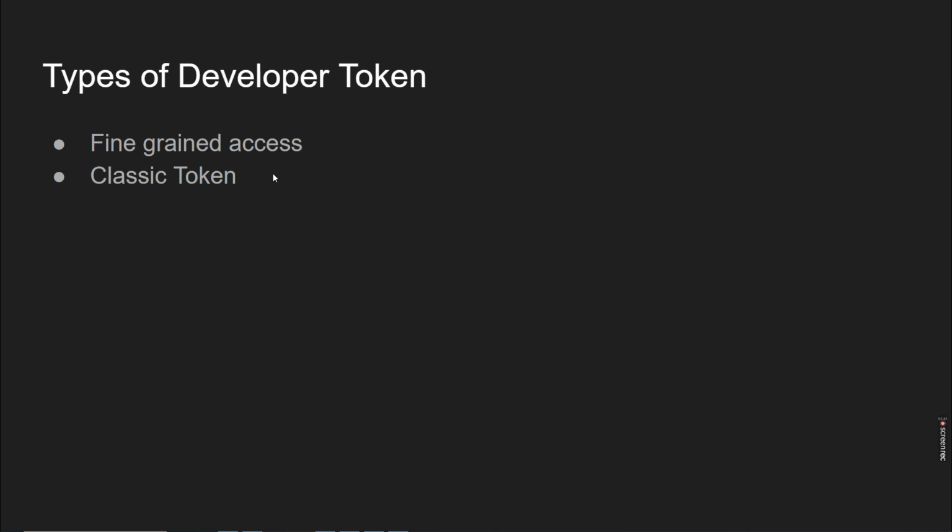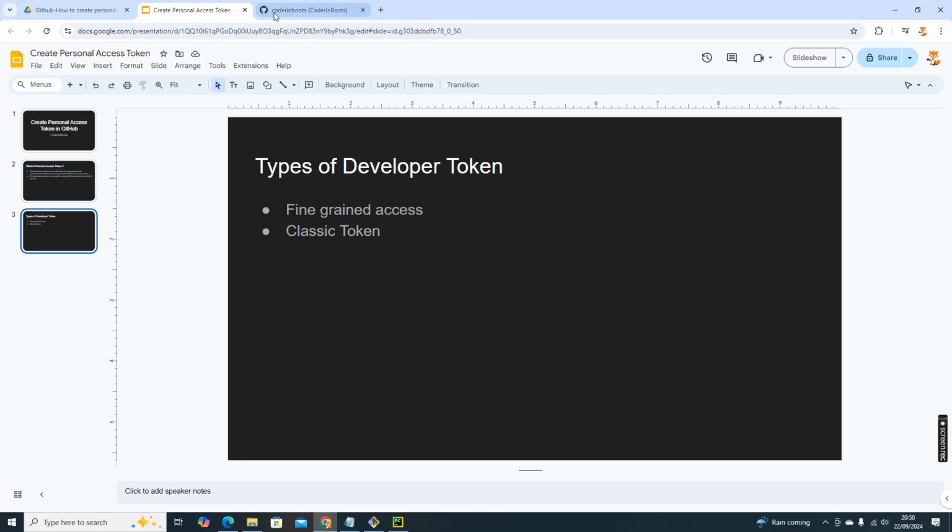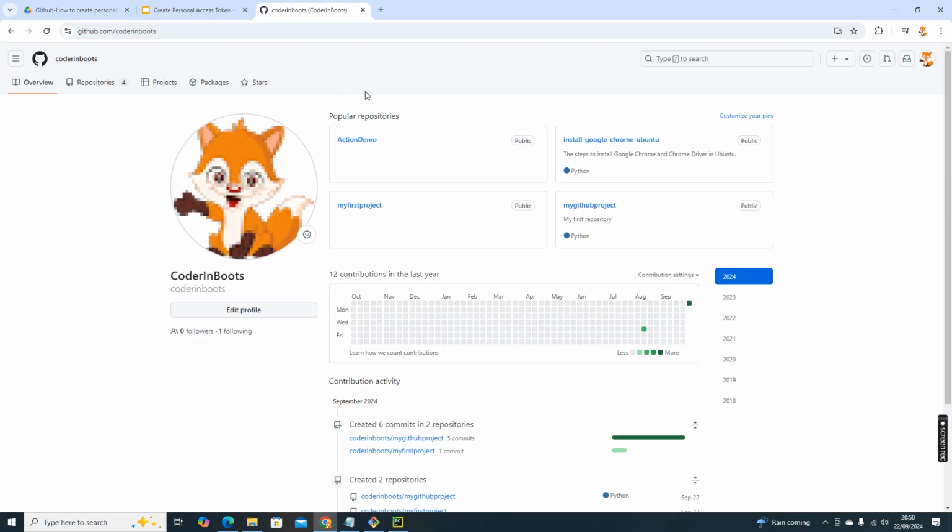We cannot restrict it to a specific repository. But in the case of fine-grained access, you can enable access to specific repositories, and again grant individual specific types of access. So the way you enable access for these two types of tokens differs. The fine-grained token is still in beta, so if you go to the GitHub UI, you will see a beta icon near the fine-grained token.